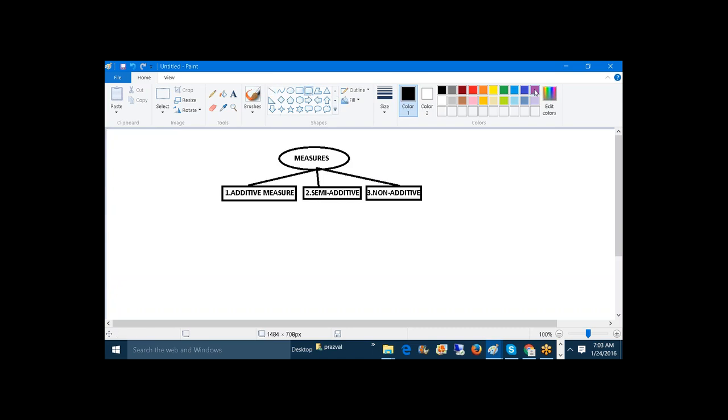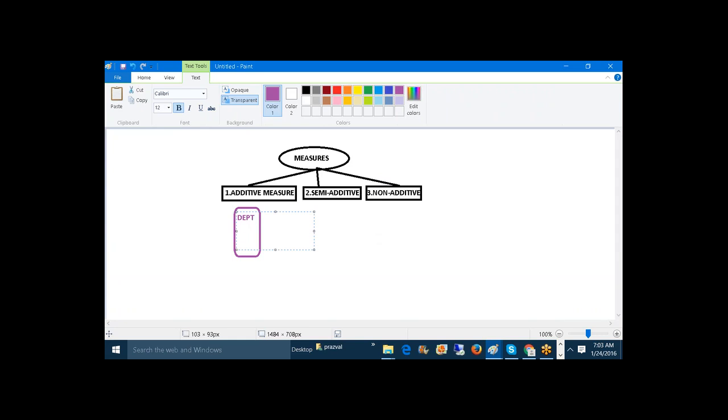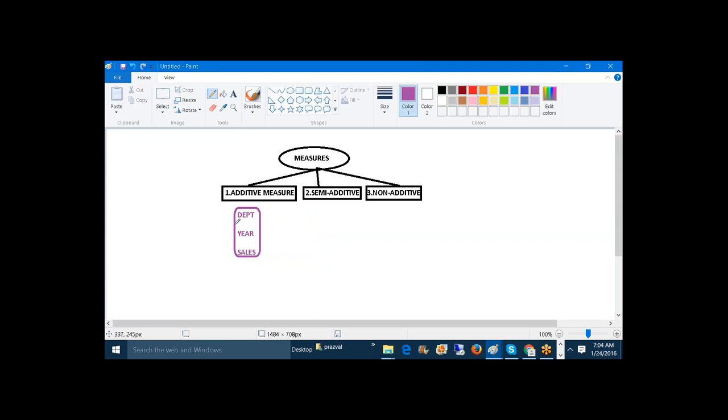Let me explain with an example. Let's say I am taking department, year, and sales. Here I have two dimensions, department and year, and one measure, sales. On sales, if I apply sum, it gives the total sales. Department wise total sales is meaningful.